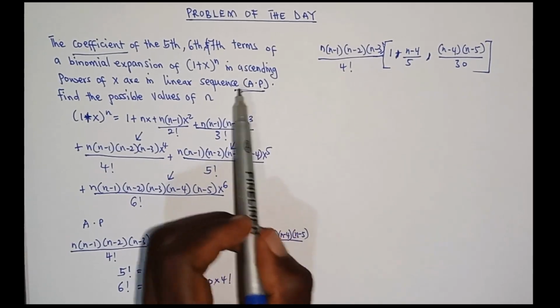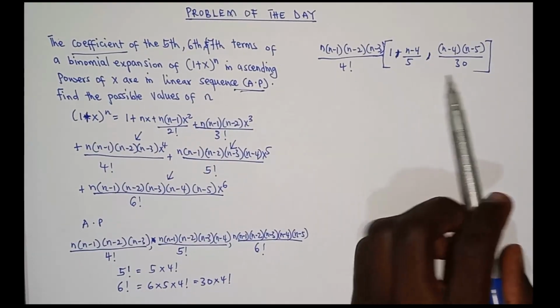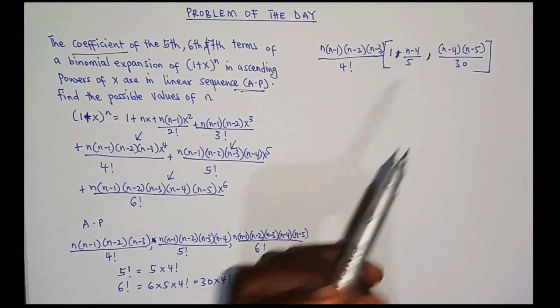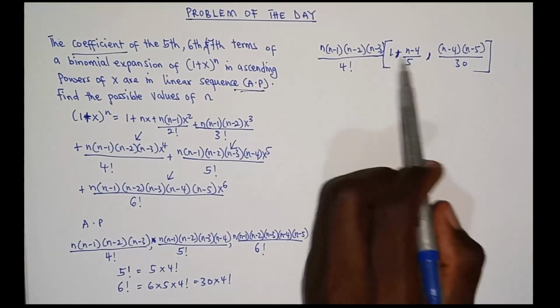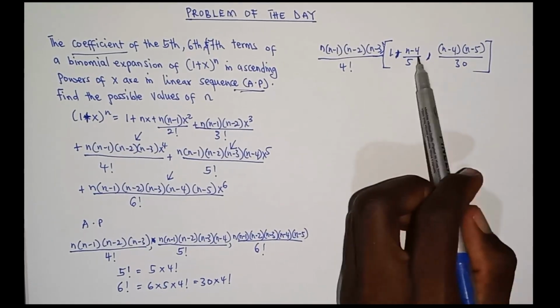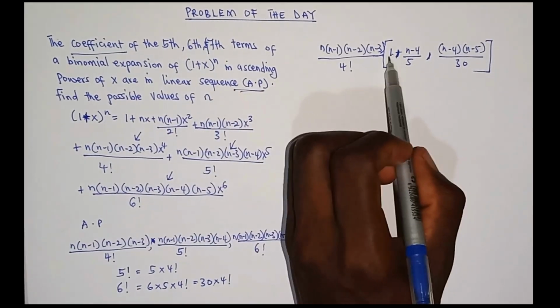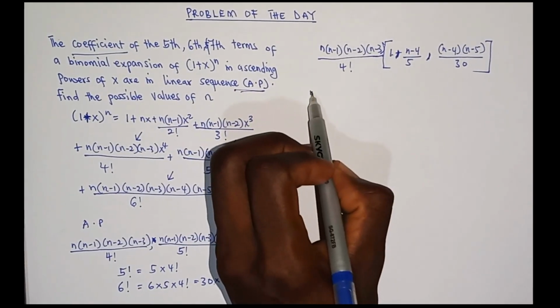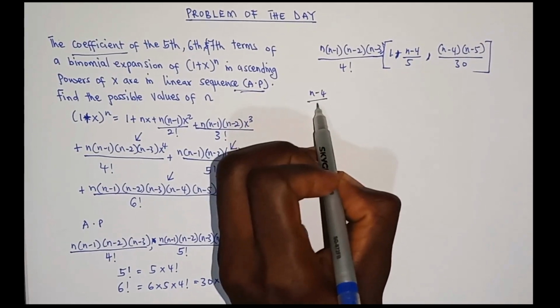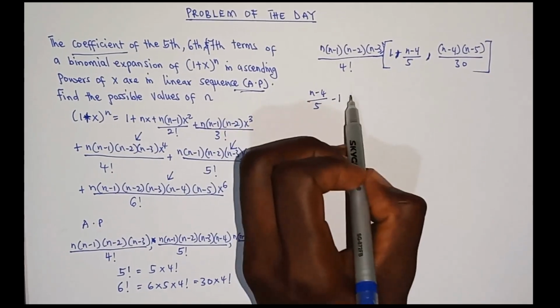Since they are in arithmetic progression, they have a common difference, and therefore the difference between the first two terms is equal to the difference between the second two terms. The difference between the first two terms is (n − 4)/5 − 1.